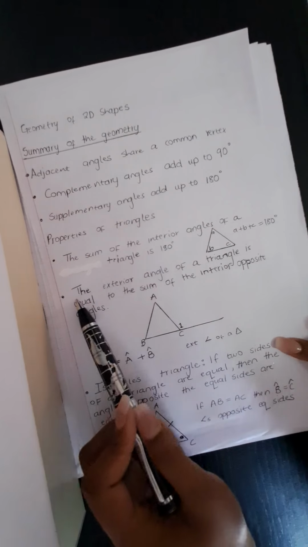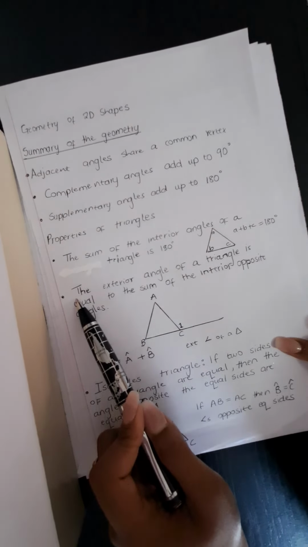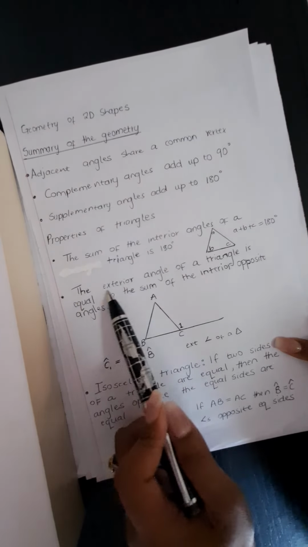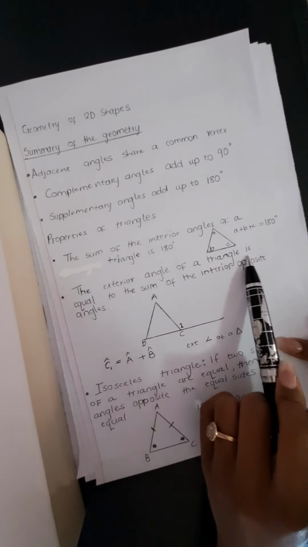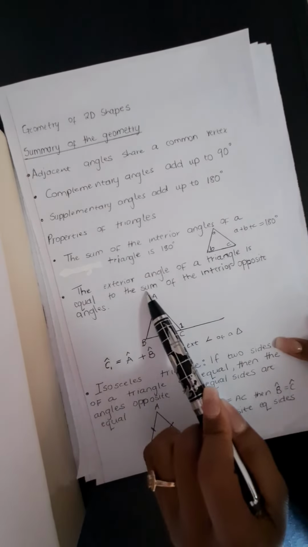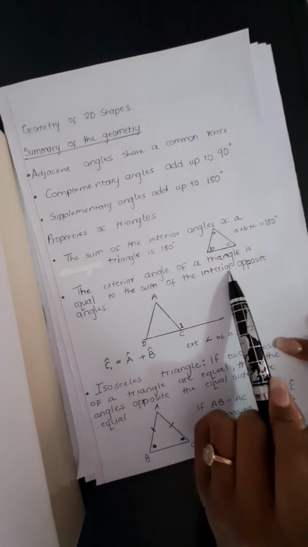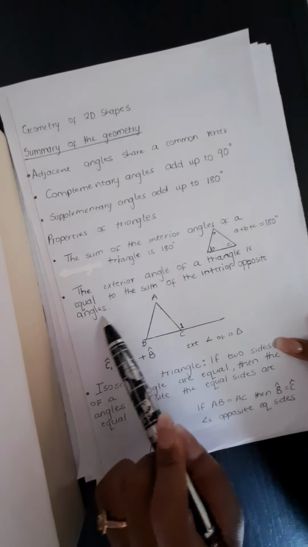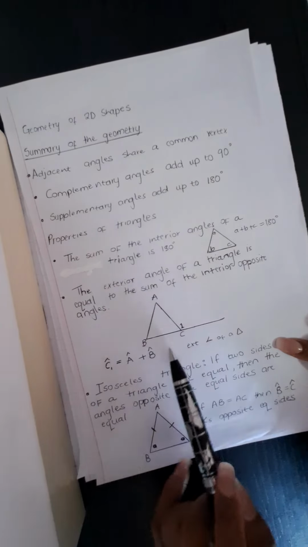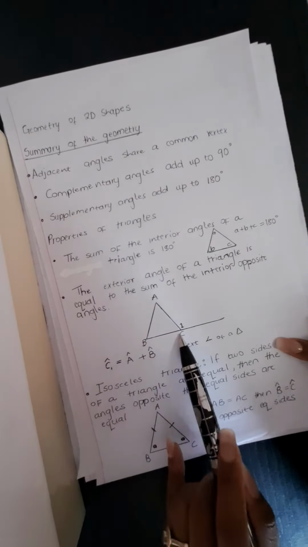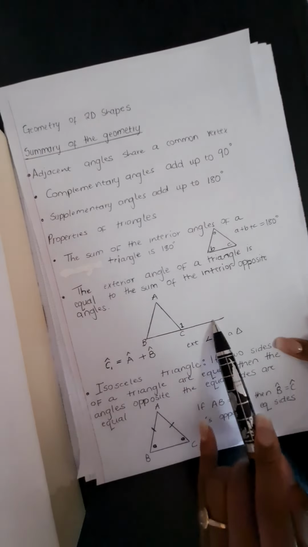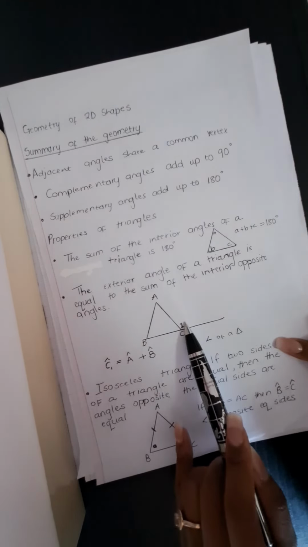And then for our second bullet, under properties of triangles, they are telling us that the exterior angle of a triangle is equal to the sum of the interior opposite angles. So let's look at our statement. You can see you're having angle ABC and then this line and then angle C1 as well.